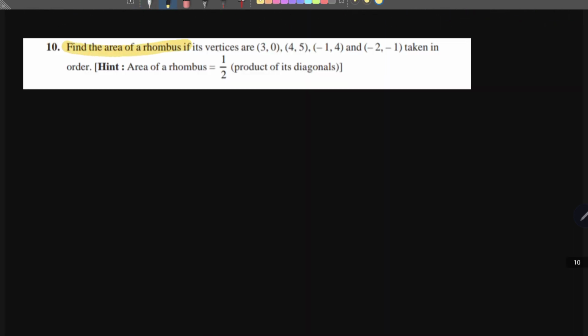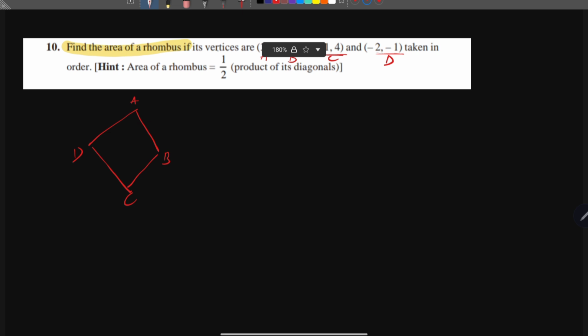Find the area of a rhombus. The vertices are given: 3 comma 0, 4 comma 5, and minus 1 comma 4, minus 2 comma minus 1, taken in order. So in a rough diagram of a rhombus, naming as suppose A, B, C and D. So as per the given question, consider A here, B here, C and D. Okay, so ABCD are the vertices of a rhombus.